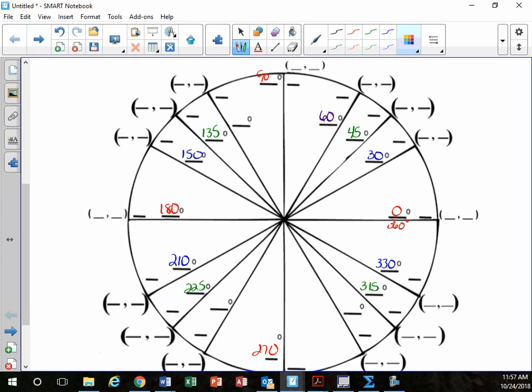So what is this going to be? 120. Okay, what's the third quadrant one going to be? 240. Fourth quadrant? 300. Good.